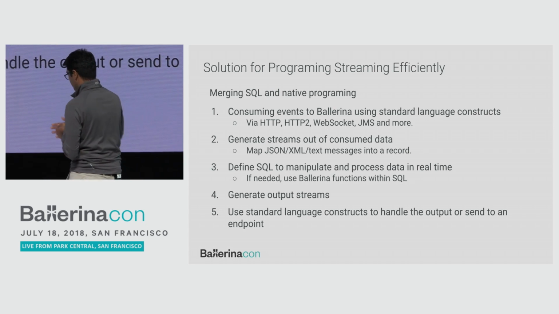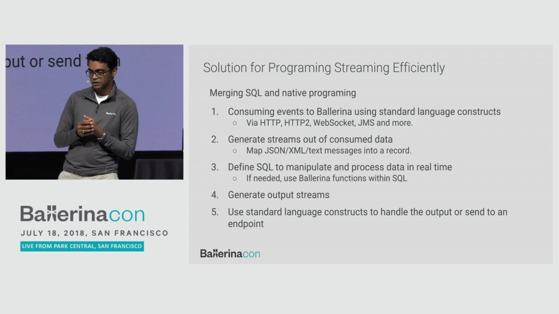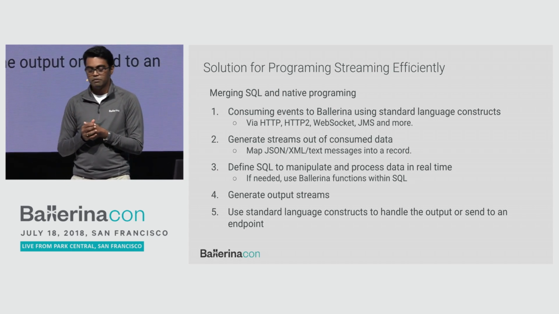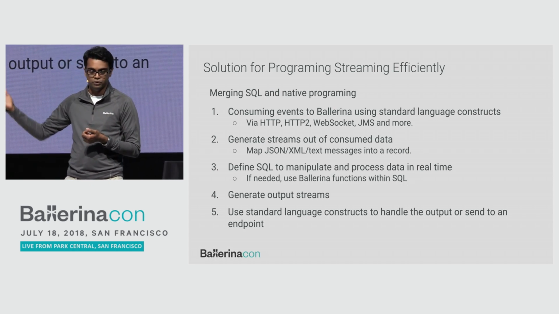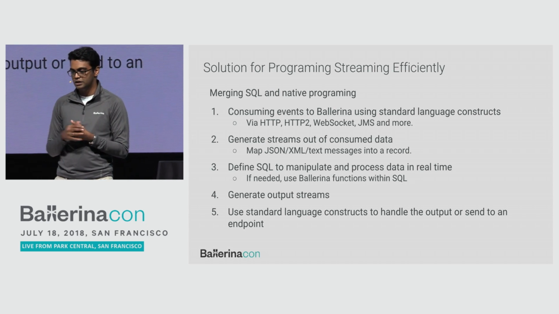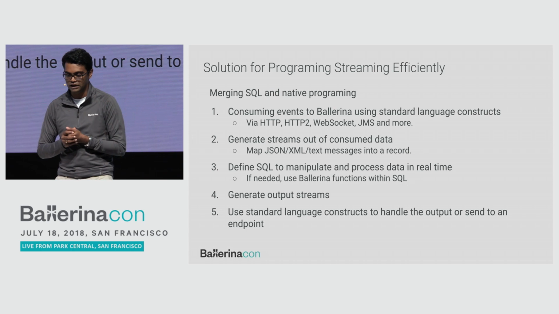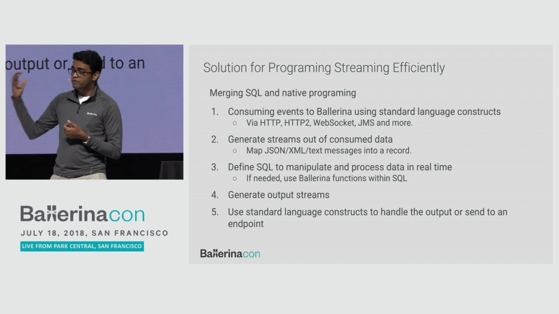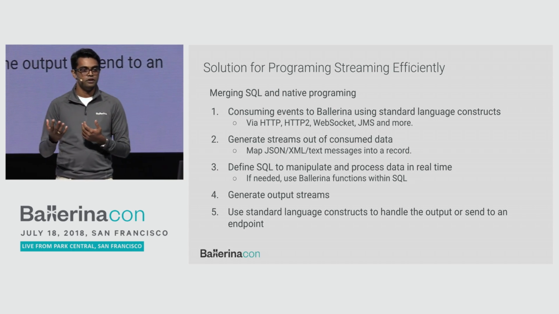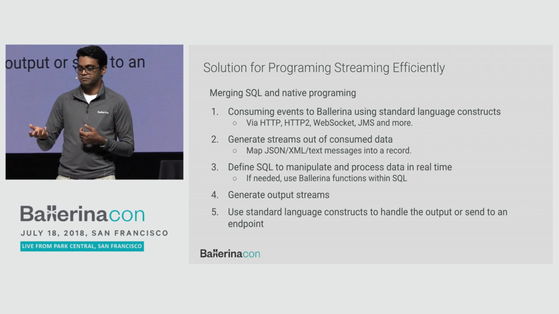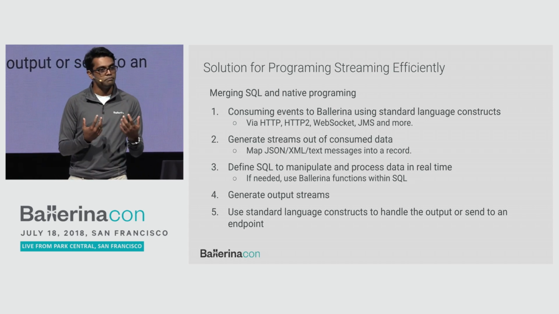So for example, if you're going to do a small program, this is what you might do. You might consume events in Ballerina. You can have an HTTP endpoint that somebody can send into, or you can use JMS to consume from an MQ. We have Kafka and many other ways of consuming events. When we consume the events, we have to convert them to a record, which is a form of a table, something that we can put into a table, the same way that we can get a record and do some manipulation on that.